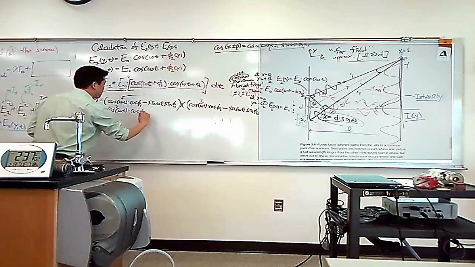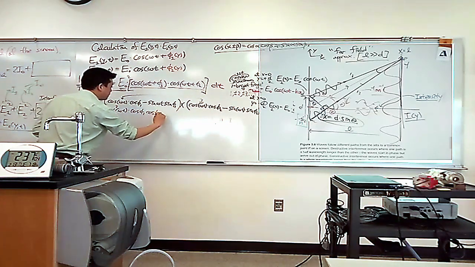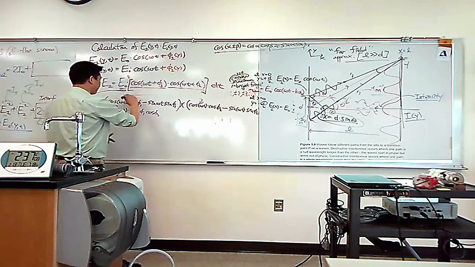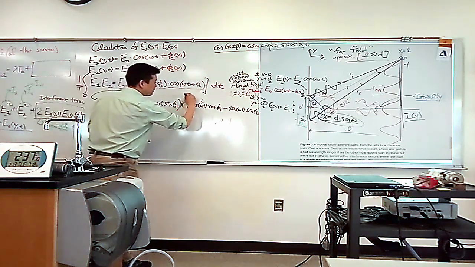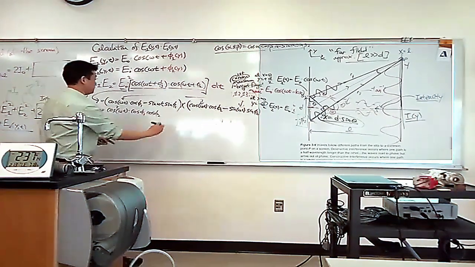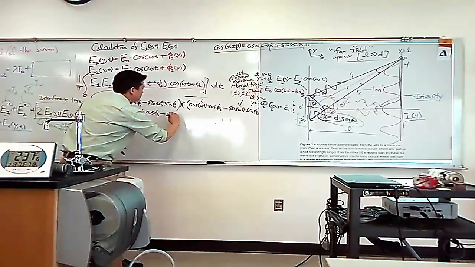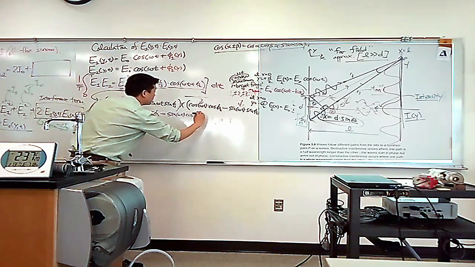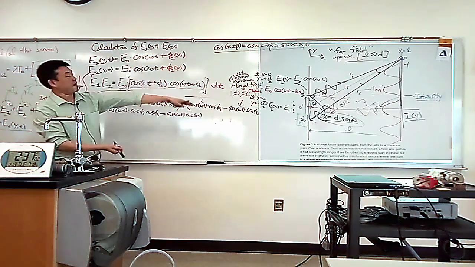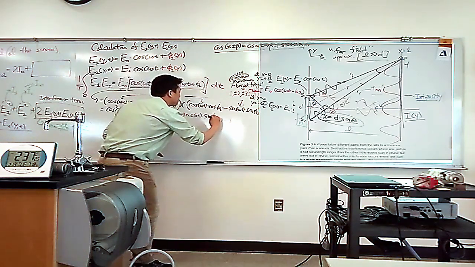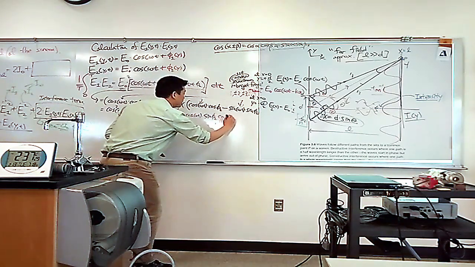One term down. The second term would be minus sine omega t cosine omega t times sine phi2 cosine phi1.